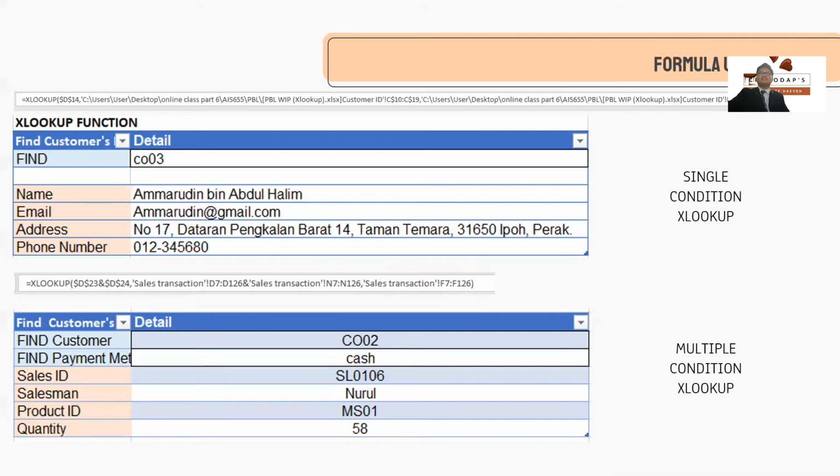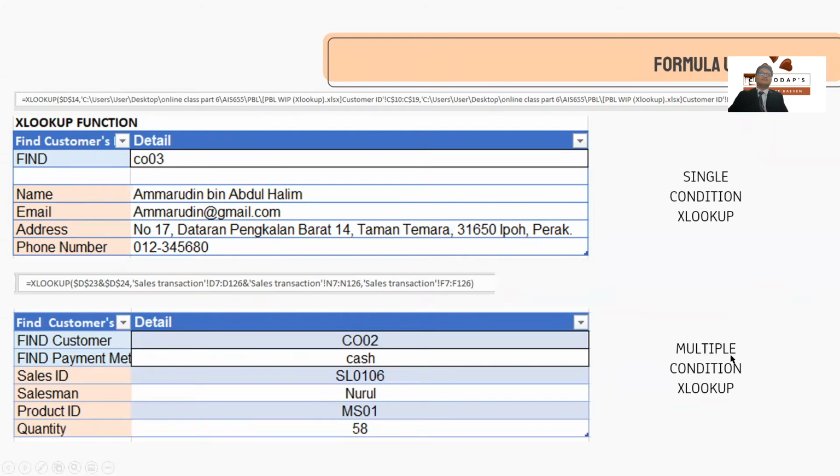We have two types of lookup function. The first one is single condition. The second one is multiple condition. The single condition lookup function is to find the detailed information of the customer. You can see that from the box here, you can type the customer's ID and then it will show up the name, email, address, and phone number of this customer. The next one is the multiple condition lookup.